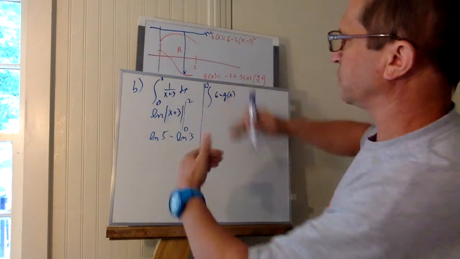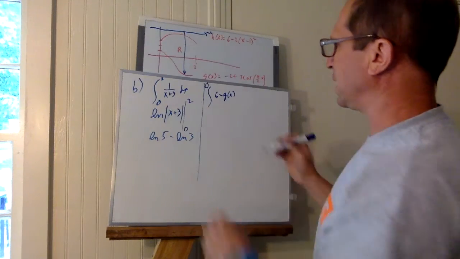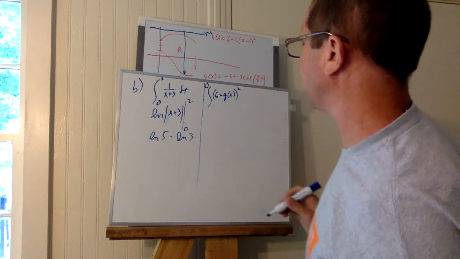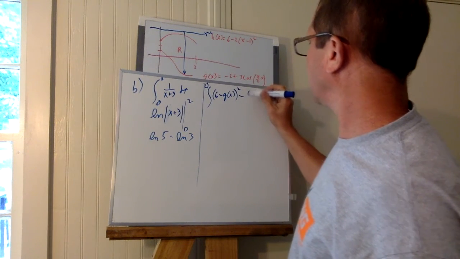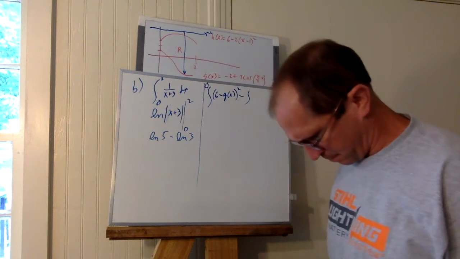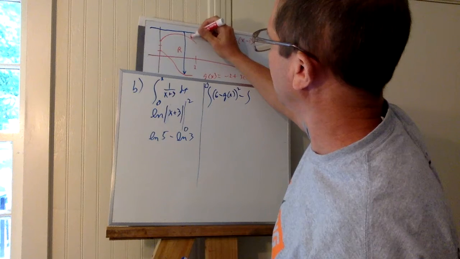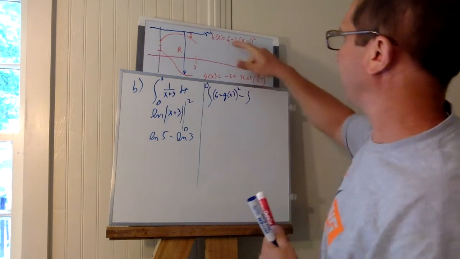That's my outer radius. We're spinning it around, so it's a circle. This is the radius, so we square the radius minus the inner radius. Again, this inner radius is going to be 6 minus h of x. And you don't have to write all that out.